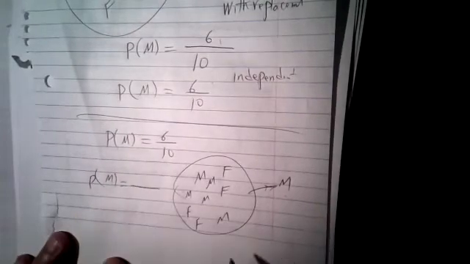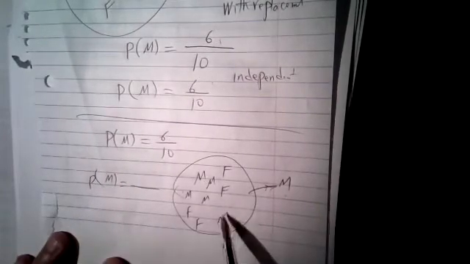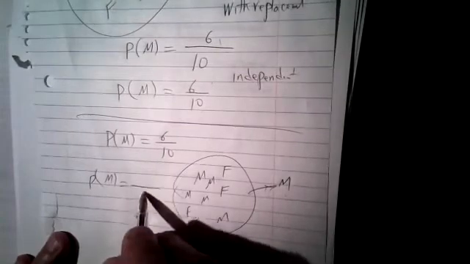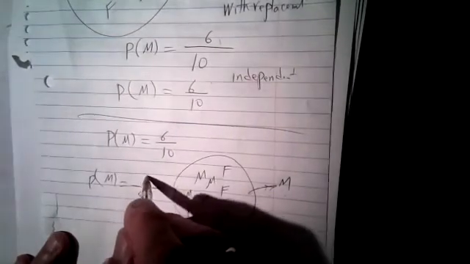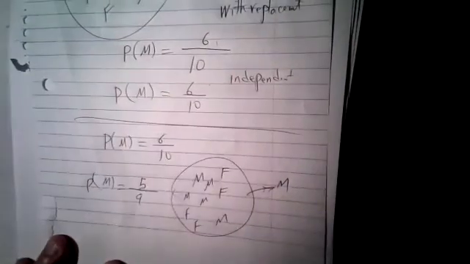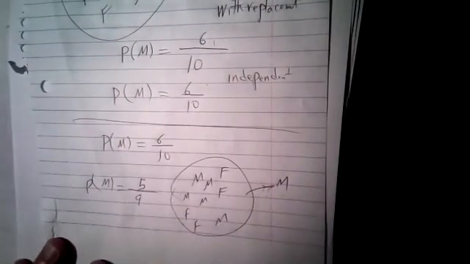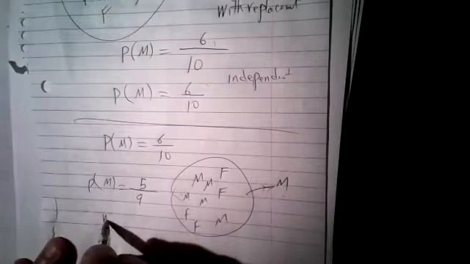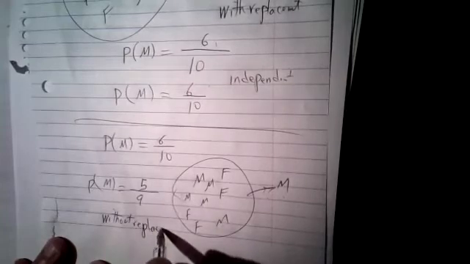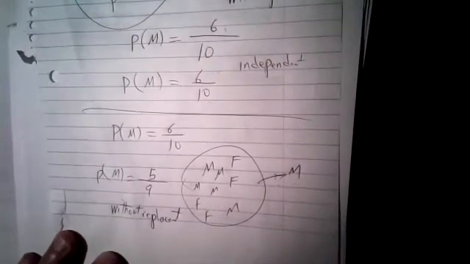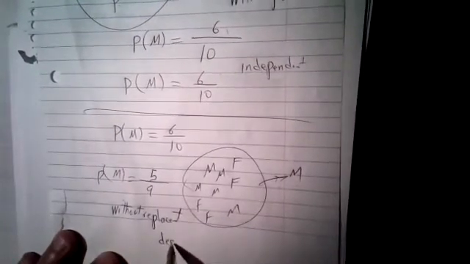It is not 6/10 anymore. Why? Because there are 9 students left, and out of these, just 5 of them are male. So the probability changes. This is without replacement, or dependent.